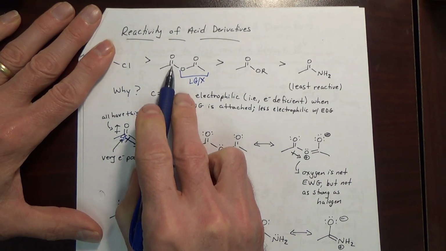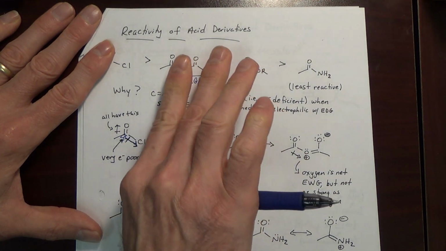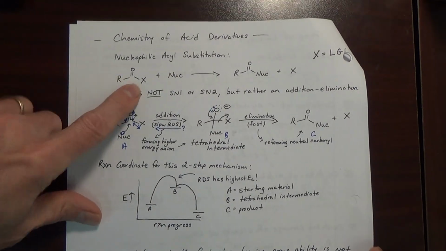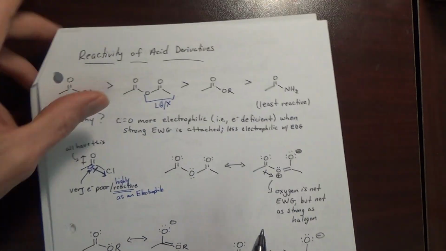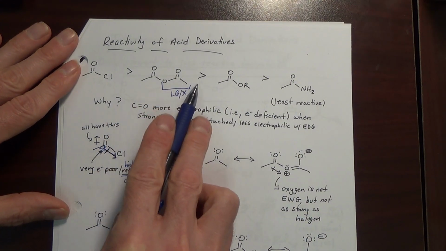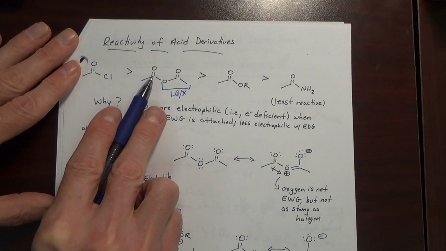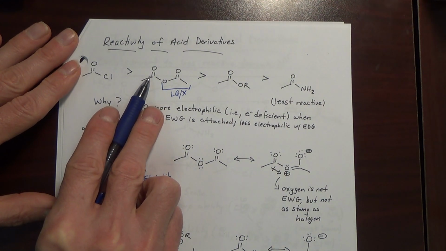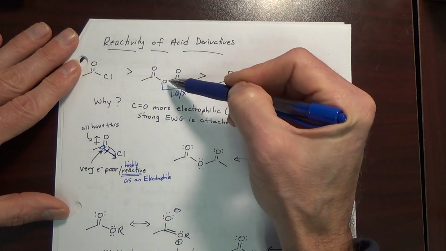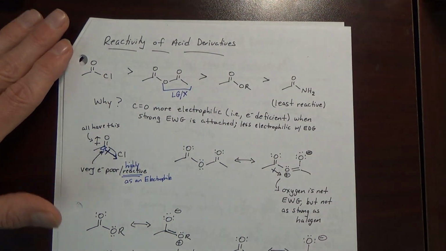You attack one carbonyl and all the rest is your leaving group. Same thing here. You can attack this, X can leave. The oxygen and the other carbonyl, all that would be your leaving group from this carbonyl. If it's symmetrical, you could attack this one and then all of that would be the leaving group from that carbonyl.